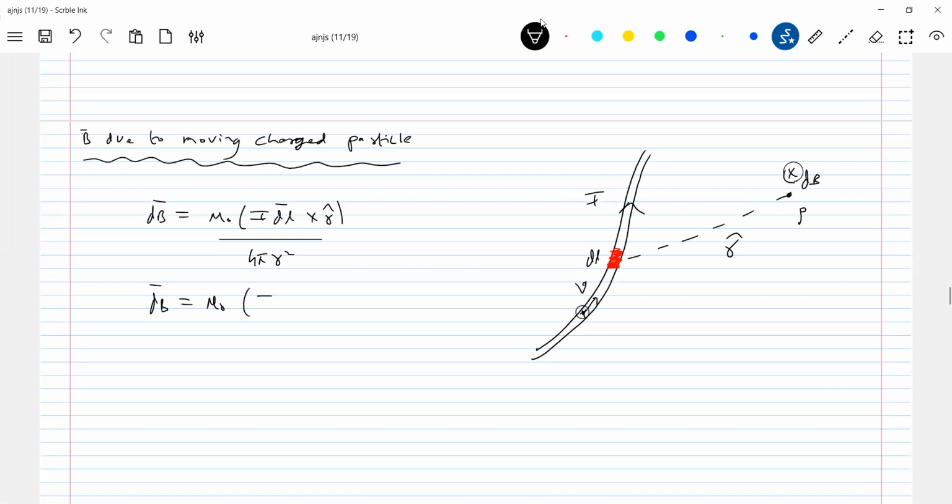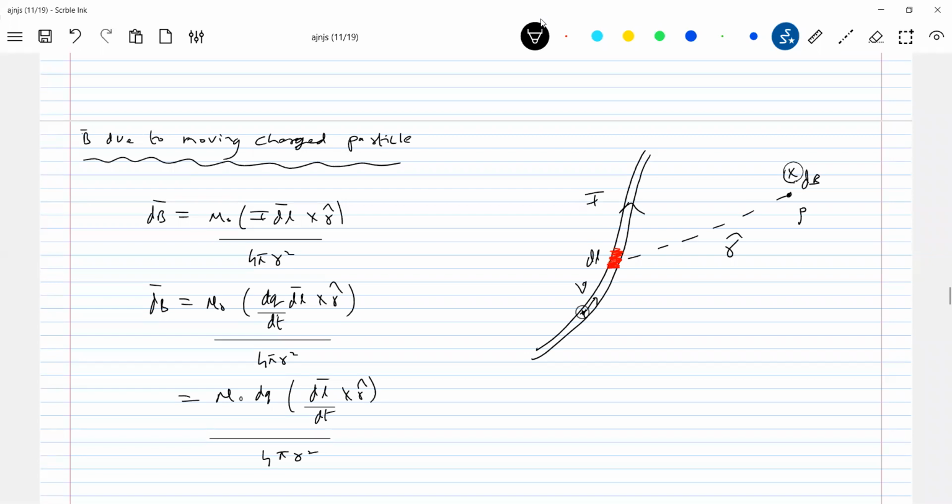Mu naught I is what? dq by dt, dl by dt. dq I'll take outside, over four pi r square. So this will be mu naught dq.